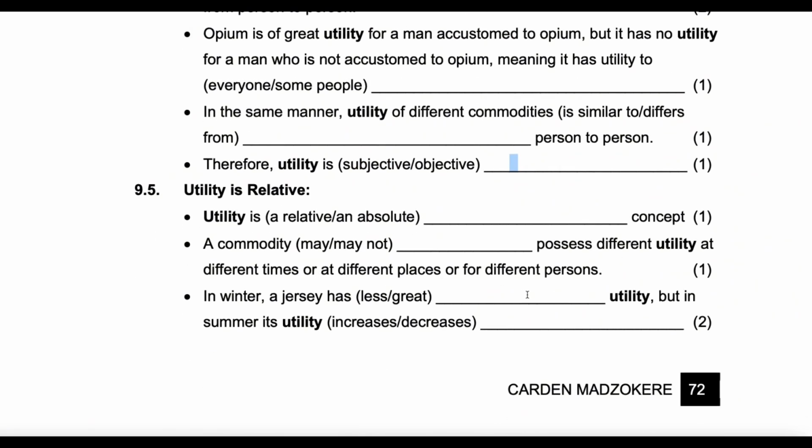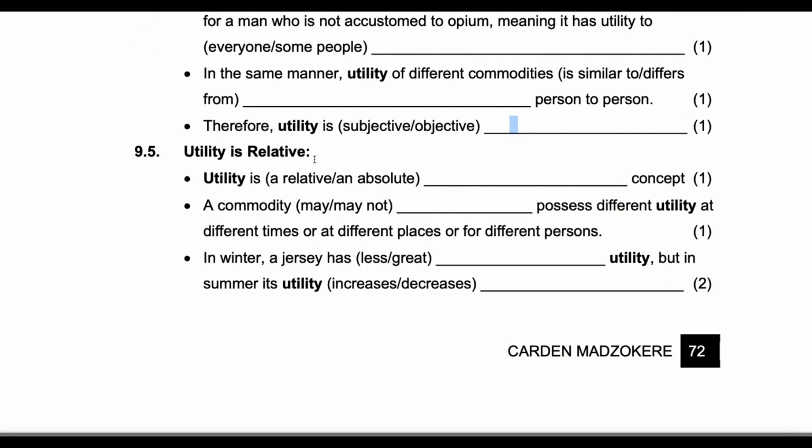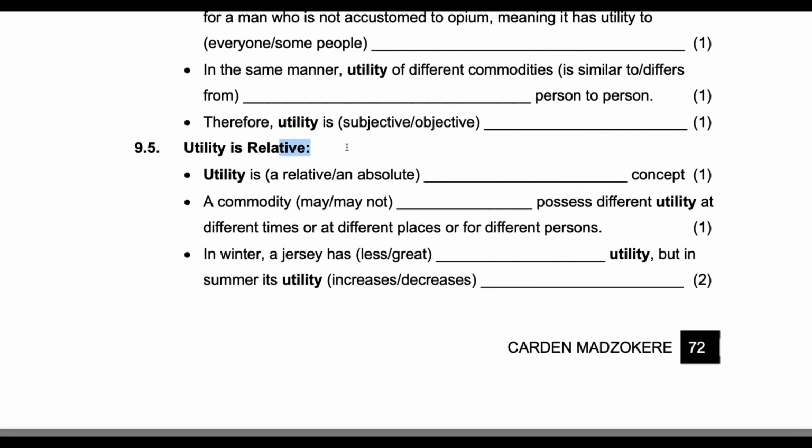Then the last one: utility is relative. That means it's not absolute. Something absolute is like, let's say, the distance from this wall to the next wall. The distance does not depend on the time of the day.